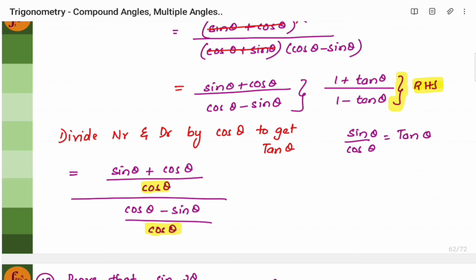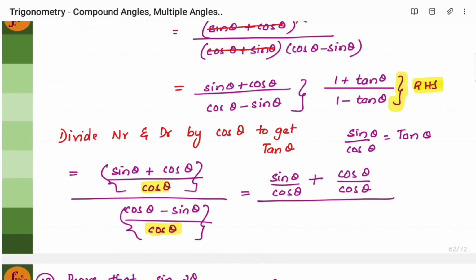So now we will split. Why will we split? So that we can get tan theta out. So I'll make this as sin theta by cos theta plus cos theta by cos theta. Similarly, in the denominator I'll split, so I'll get cos theta by cos theta minus sin theta by cos theta. I've split this separately.